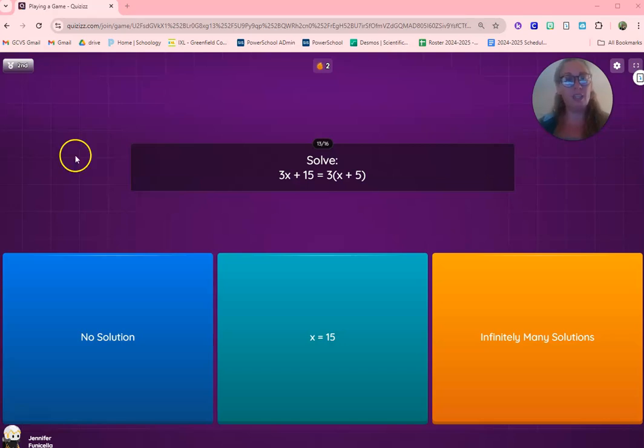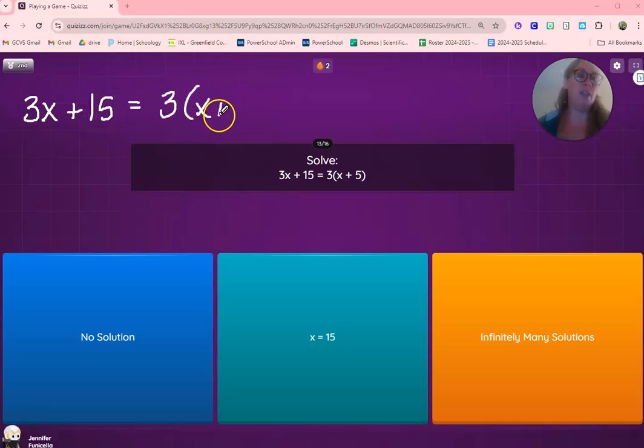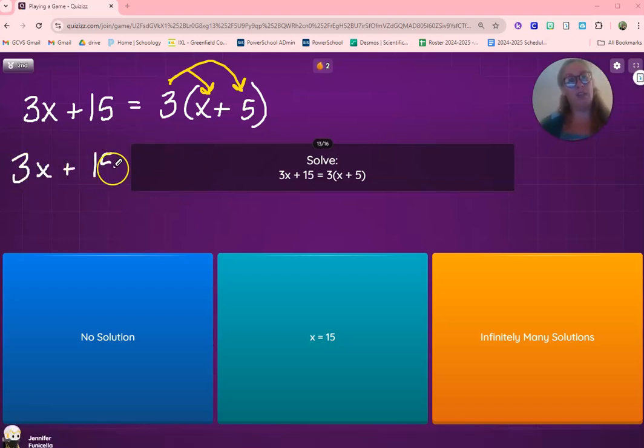Question 13, 3x plus 15 equals 3 times (x plus 5). So first we're going to distribute this 3 to see what our right side of that equation looks like. And it equals 3 times x is 3x, and 3 times a positive 5 is a positive 15.